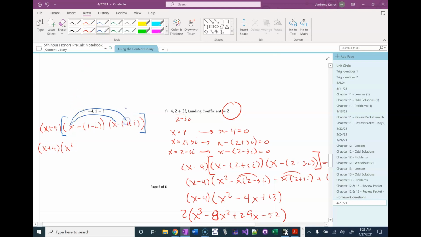And then x times negative quantity 1 plus i. So I'm just going to write it as negative x times 1 plus i. And then doing the same thing here, negative x and then 1 minus i. And when I do these ones, it's going to be negative times negative, so it's going to be positive: 1 minus i times 1 plus i.